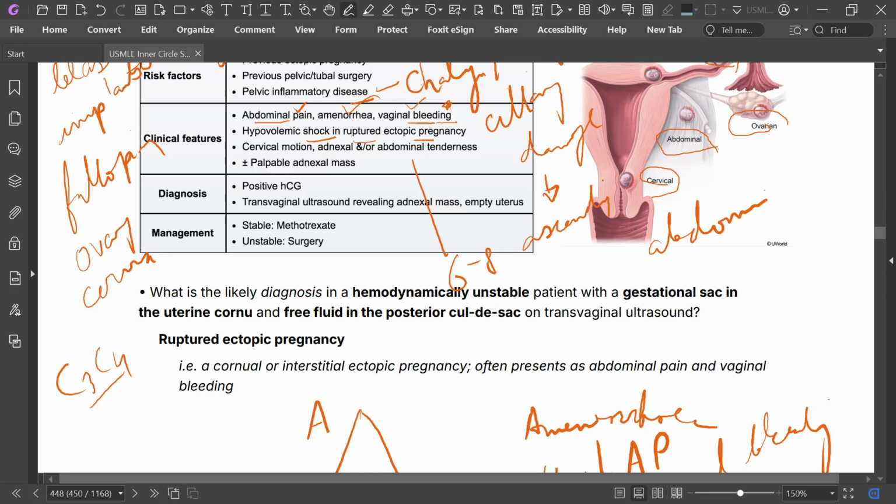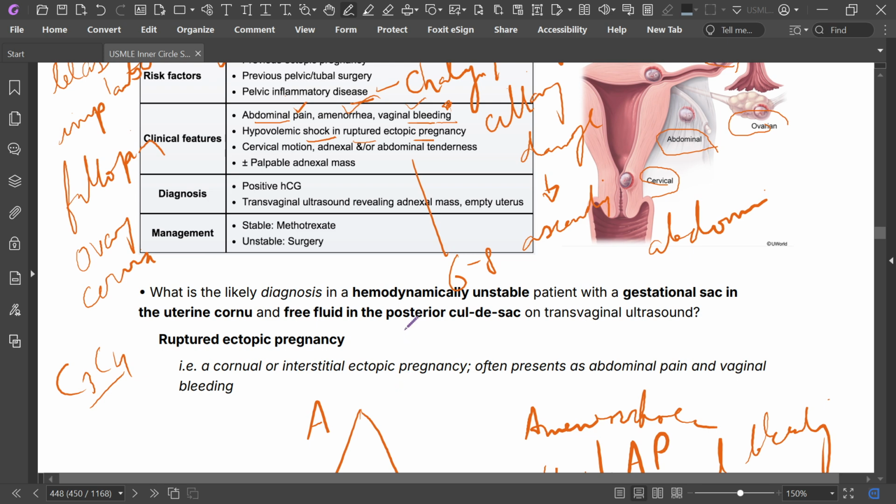On pelvic examination there may be cervical motion tenderness due to the presence of intraperitoneal fluid.